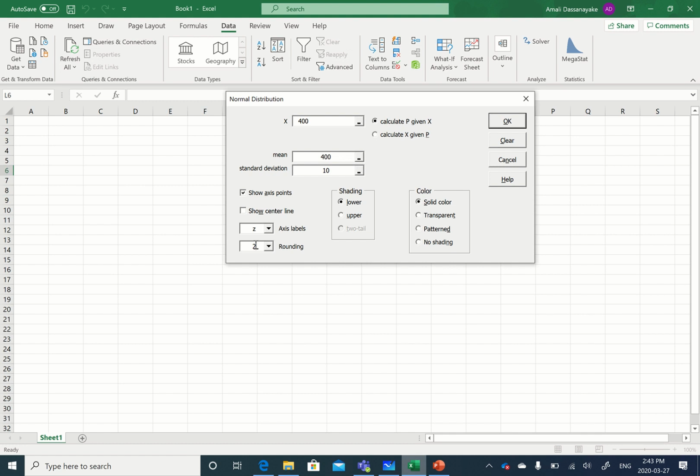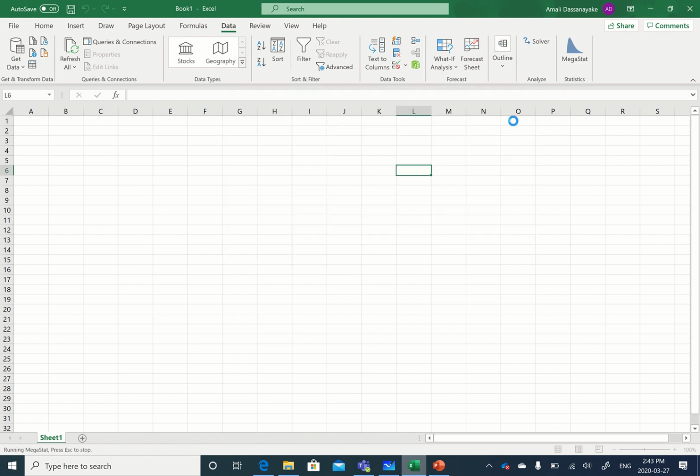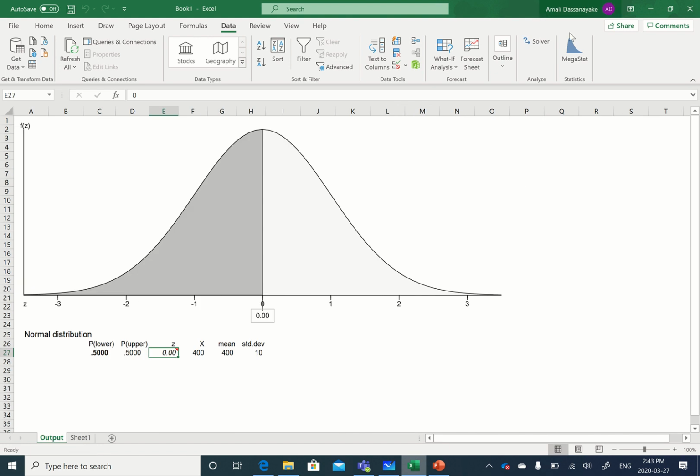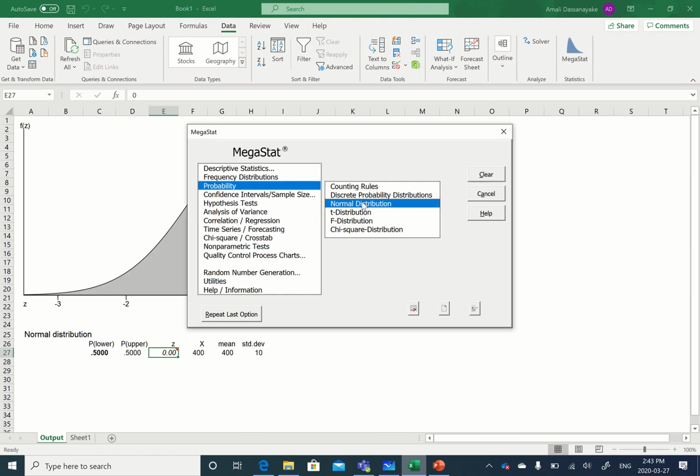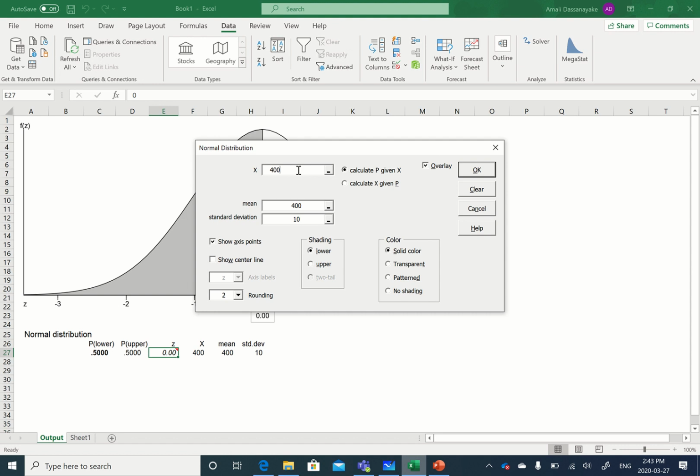So our answers may not match with Connect answers. So to avoid that problem, you can set the rounding to 2. Okay, here you go, and I'm going to run it again. Go back in, normal distribution, change the number this time to 415 and run again.